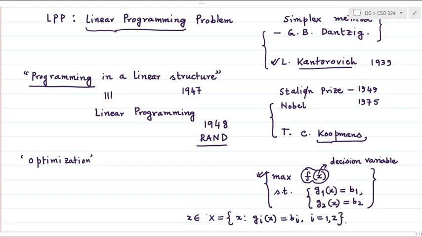Fine. This set capital X is called the constraint set. Why constraint? Because you have to optimize or maximize this objective function f(x) subject to x satisfying these conditions, right? It is not that x is unrestricted to lie in the entire n-dimensional space.